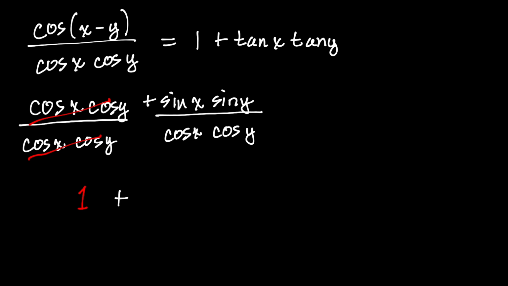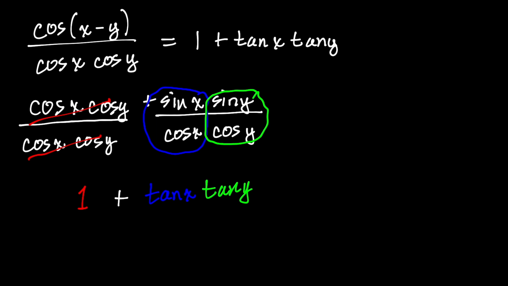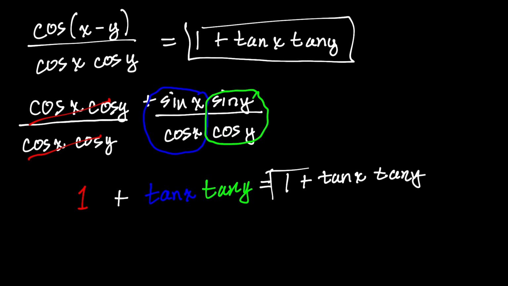And then I have sine of x over cosine x. That's tangent x. And then I have sine y over cosine y. That's tangent y. And that equals what I wanted to have it equal in the beginning. 1 plus tan x tan y. So this and this are now equal. We showed that they are the same.